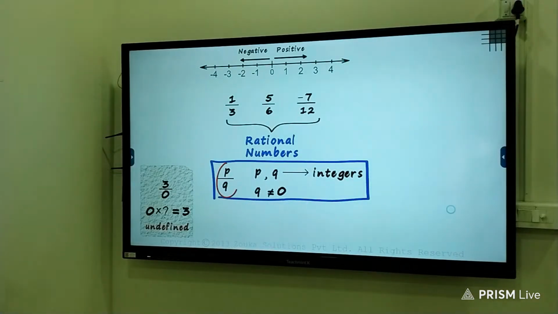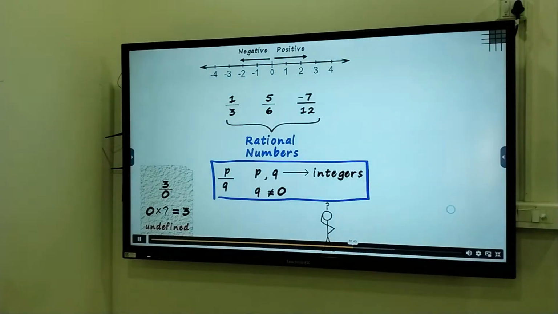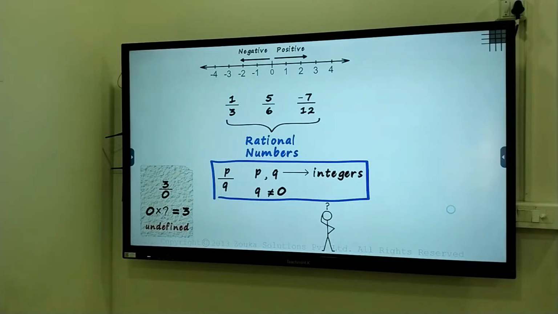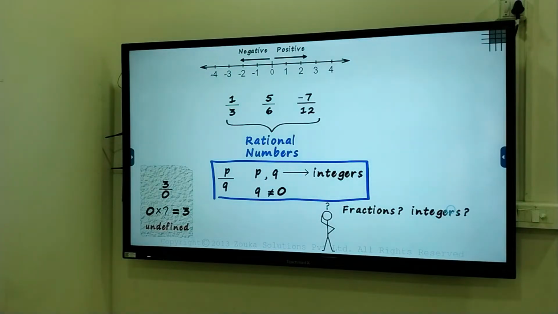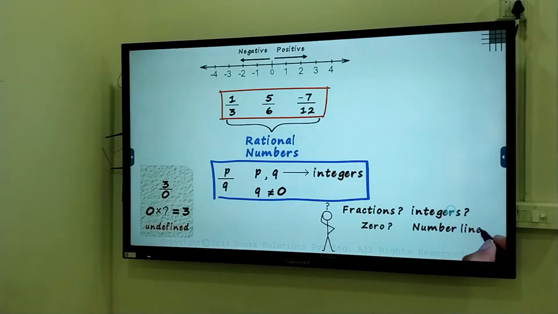It is a number of the form P by Q, where P and Q are integers and Q is not equal to 0. There are many questions that should pop up in your head when you see this definition. What is the difference between rational numbers and fractions? Are integers classified as rational numbers? What about 0? How do we plot such numbers on a number line?